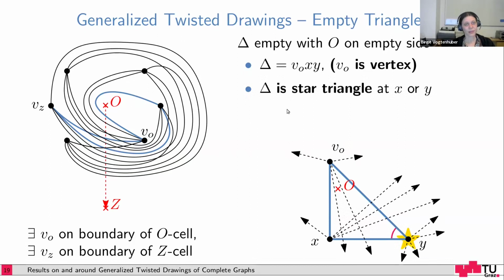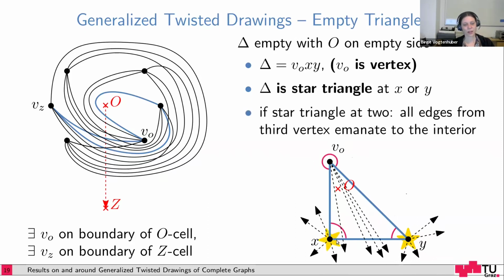Further, this empty triangle is a star triangle at either X or Y. So one of the 2 points that are different from VO, and it might also be a star triangle at both vertices. If this is the case, then at the third vertex, again, all the edges have to emanate into the interior of the triangle and then cross through the triangle because the triangle is empty.